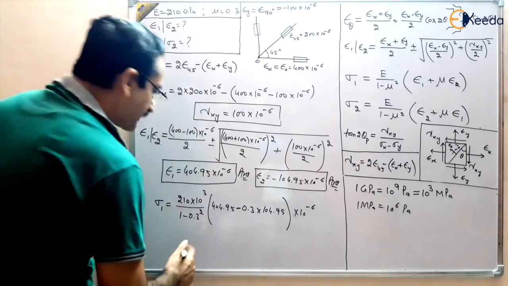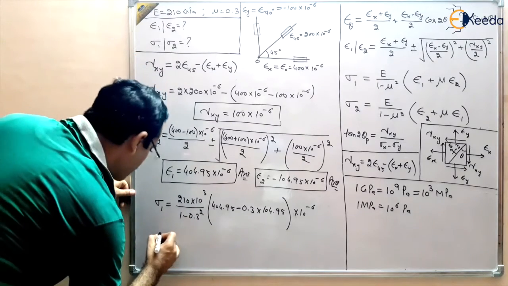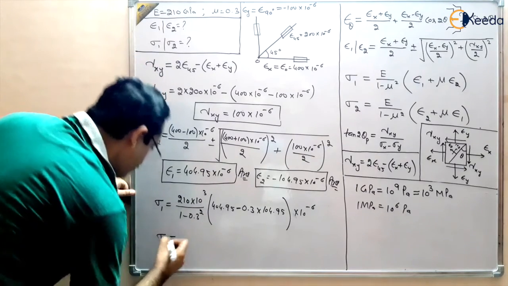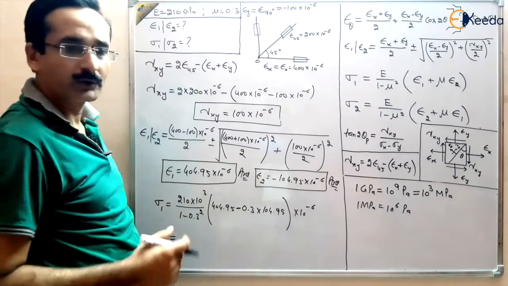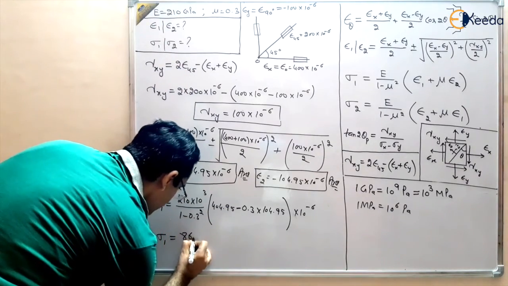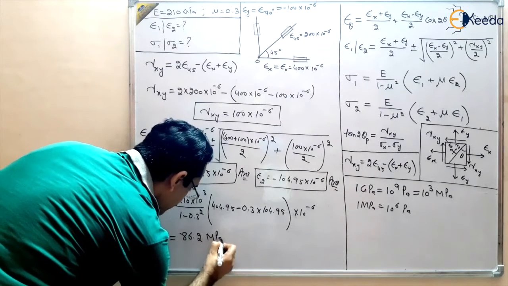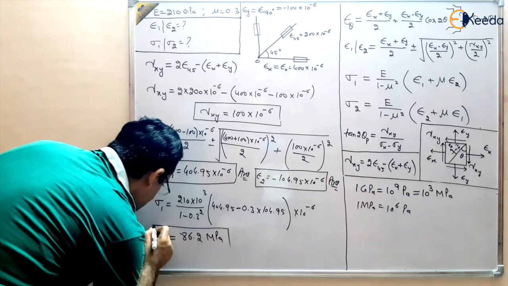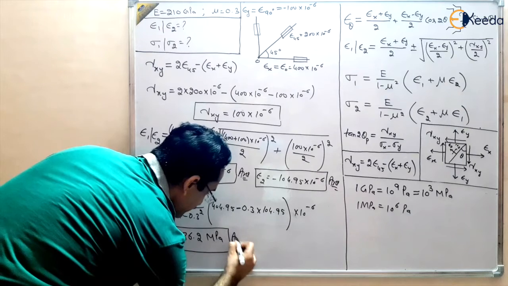So you will get the sigma 1 will be obtained as, solve it using calculator and you will get 86.2 megapascal. So this is your principal stress. This is another answer.